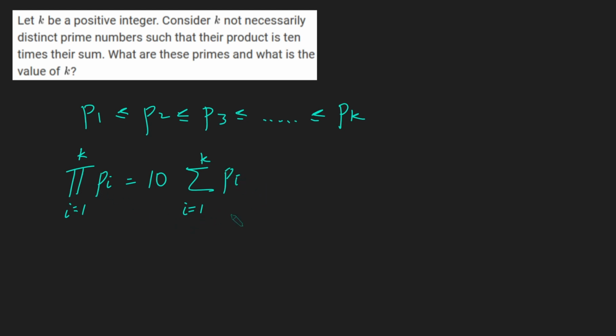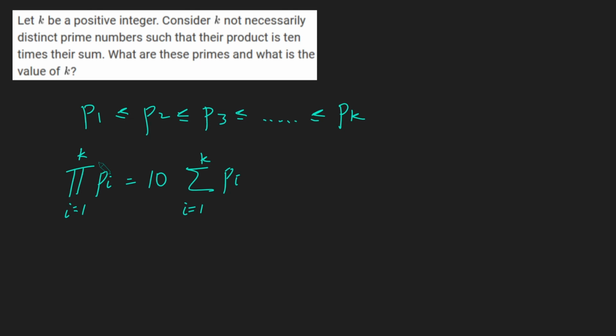Immediately we notice this right-hand side is a multiple of 10, and so the left-hand side must also be a multiple of 10, and therefore two of the prime factors must be 2 and 5. So two of these pi's, one is 2 and one is 5. There could be other 2's and other 5's as well, because there could be repetitions here, but we know that there's at least one 2 and at least one 5 on the left-hand side.